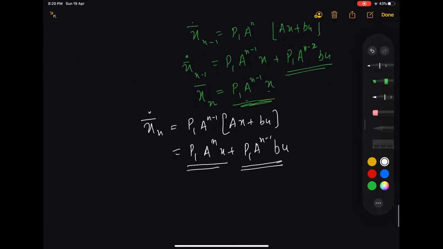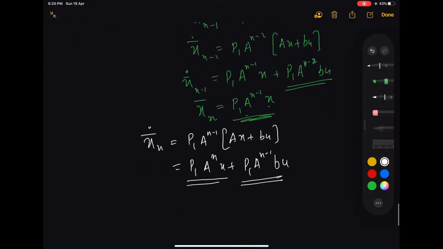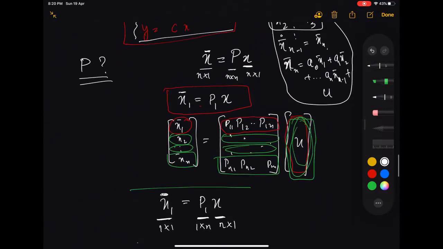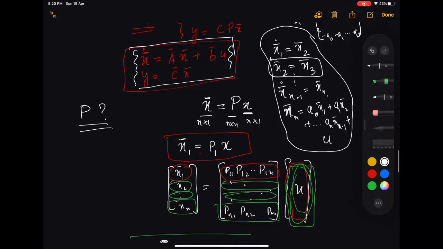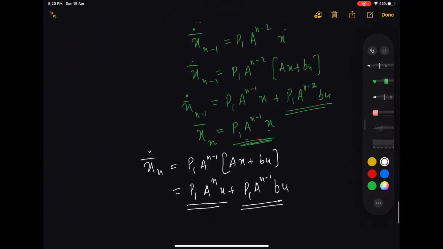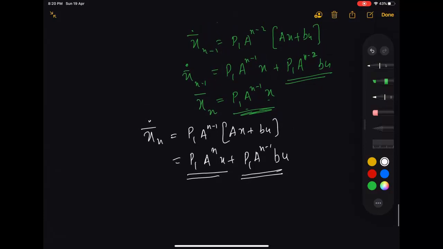If you look at this last equation, the u term has a 1 here, right? So we cannot comment about what p1 a to the power n x is going to be, but we can say one thing, that p1 a to the power n minus 1 b has to be equal to 1.